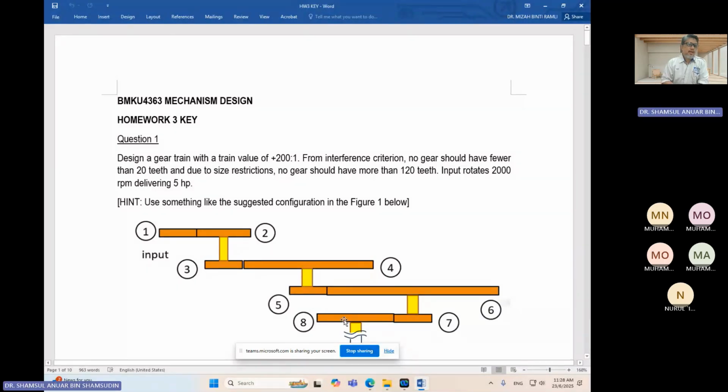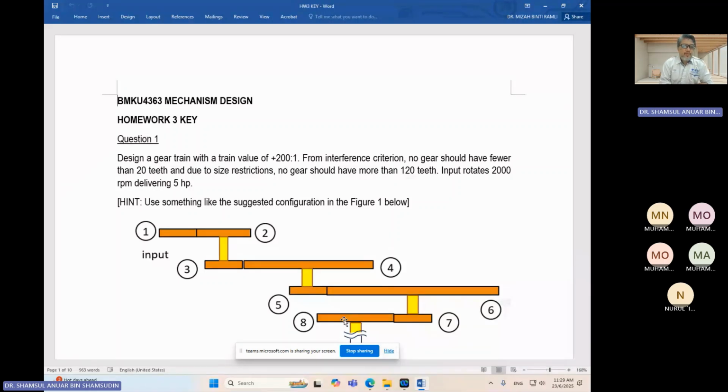So a question on gear design will be in the elective part, I think question number 4.